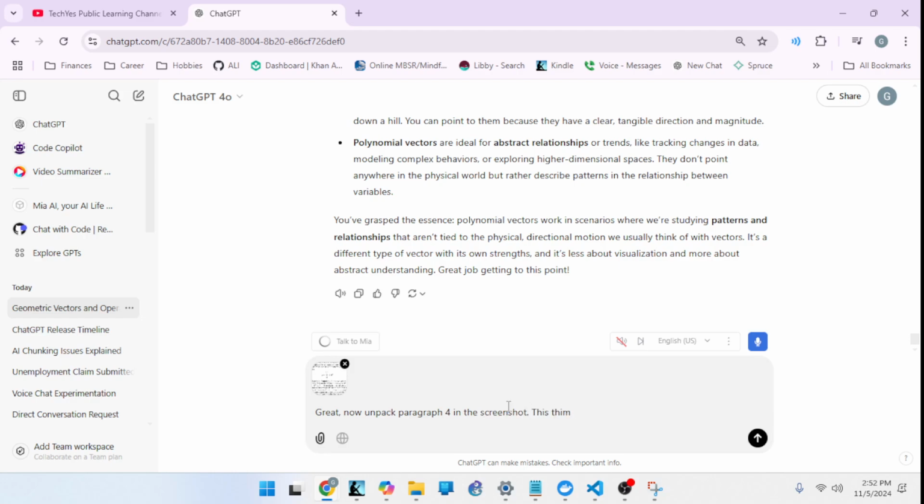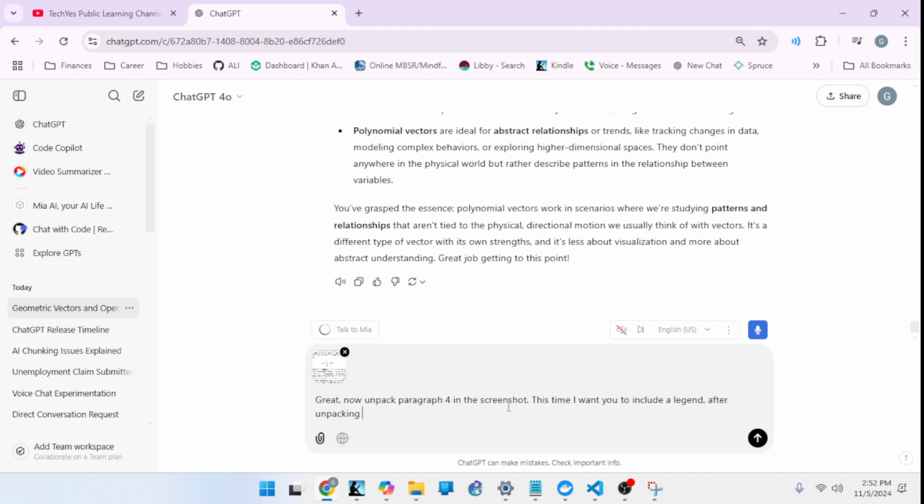This time I want you to include a legend after unpacking that in LaTeX has the equation alongside the plain English it was unpacked to.